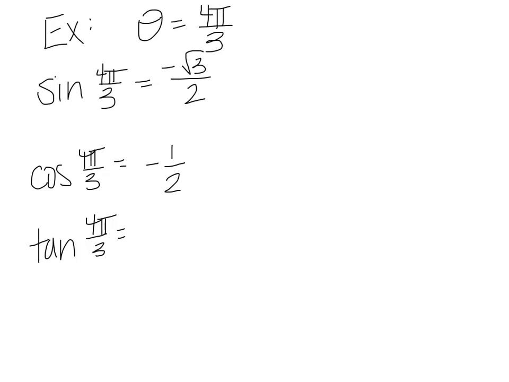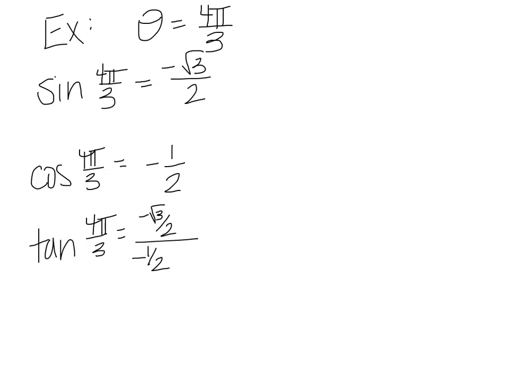Remember, tangent is y over x, and we've actually got to set that fraction up. So my y was negative square root 3 over 2, and my x was negative 1/2. So I have negative square root 3 over 2 over negative 1/2. And we're trying to simplify this by hand.